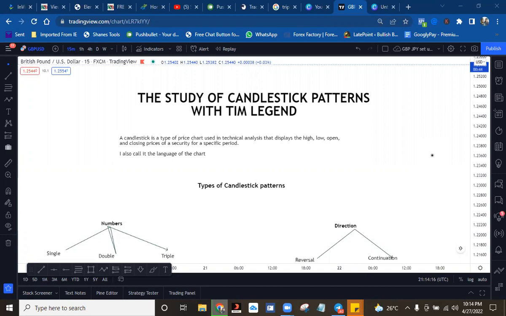So if you're not able to interpret what the candlesticks on your chart are telling you, you will be confused about the chart and you wouldn't even know what's happening. So I call candlesticks the language of the charts, which we're all going to learn tonight how to interpret.